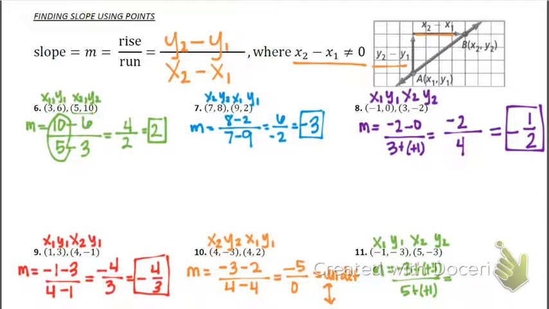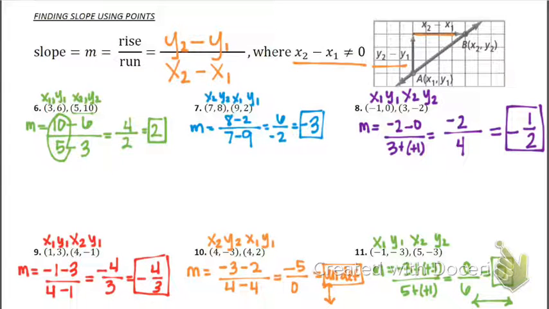So negative 3 plus 3, guys, what does that give me? Good. 0 over 5 plus 1? Okay, what's 0 divided by 6? 0. So what type of line would this be? A flat one, a horizontal one. And then that is your undefined.